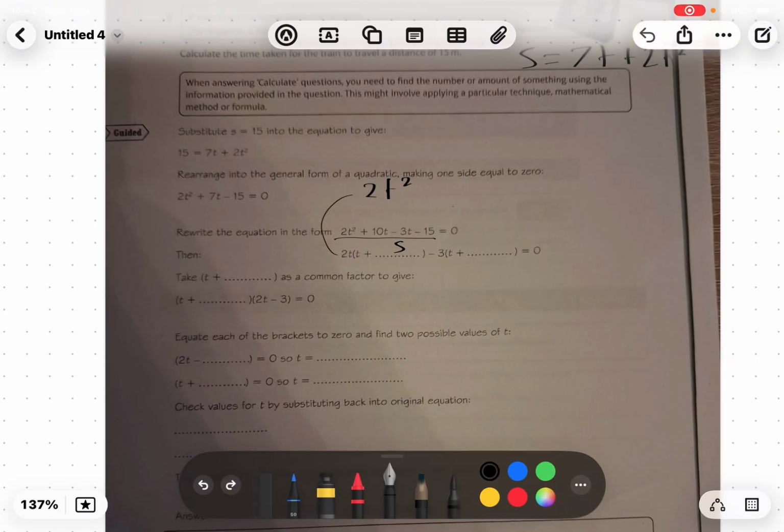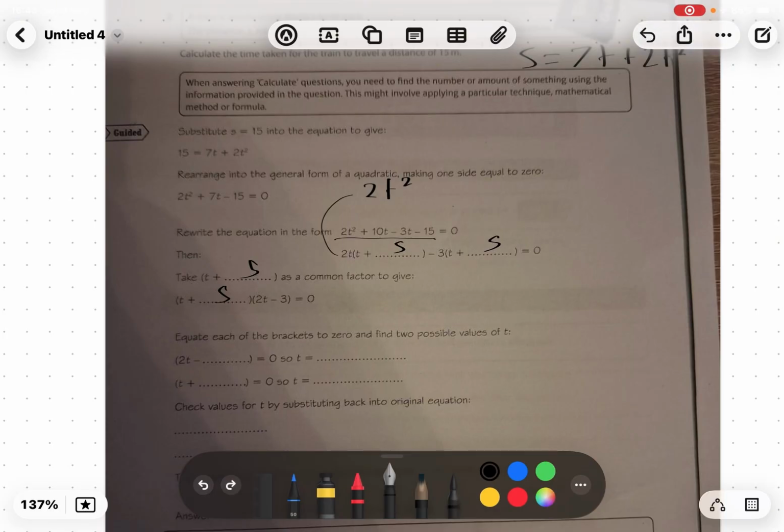We already have the 3t over here, so what do we need to create 15? Well, 5, because it's over here. So what we're using is the 5 only. After that we use a common factor, which is the 5, because that's the common one. And how that works is basic maths.